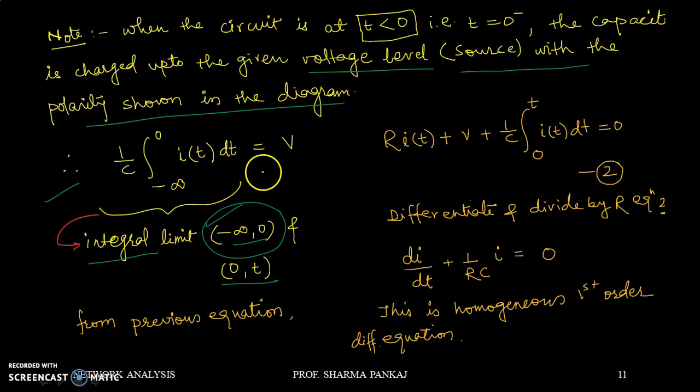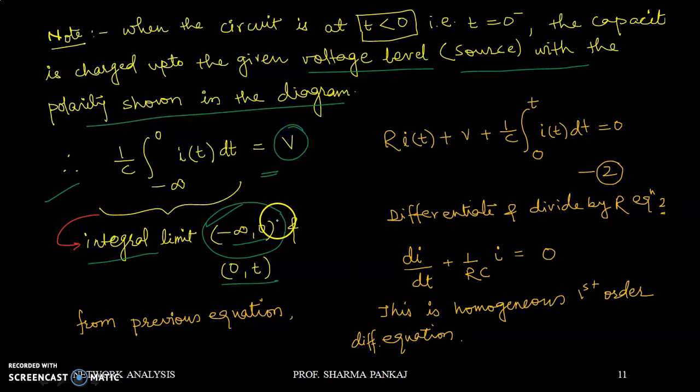Because at this time period the capacitor was connected to switch position A, which is your connection from the voltage source. This voltage source has been charging this capacitor up to its own level. So for this time period, this capacitor has been charged up to this voltage V.